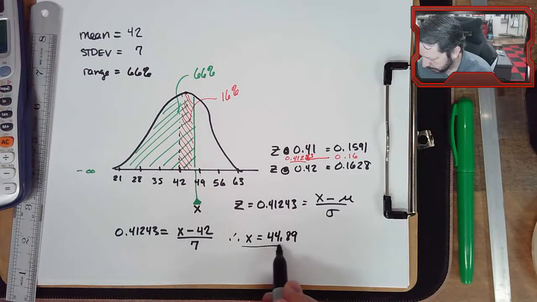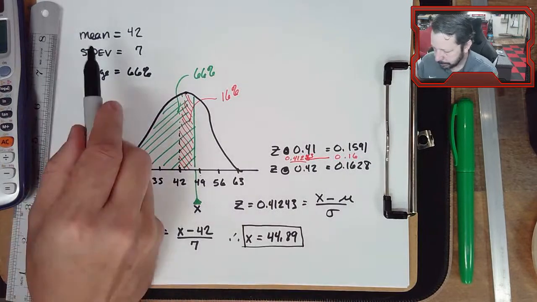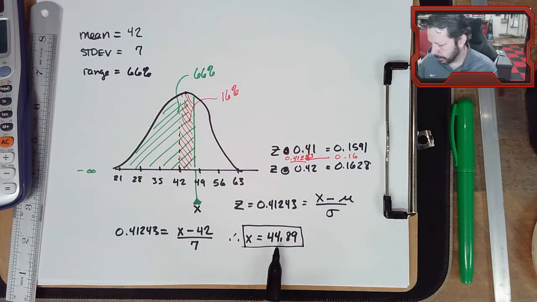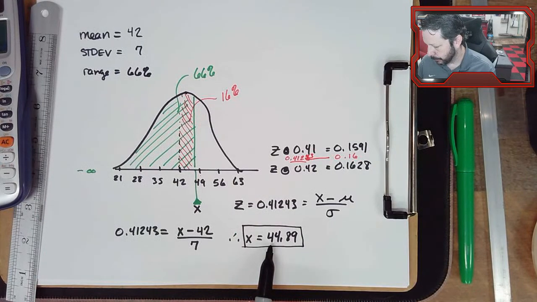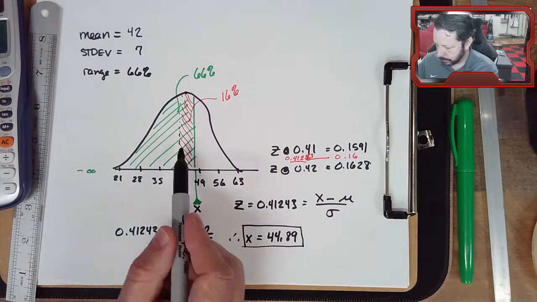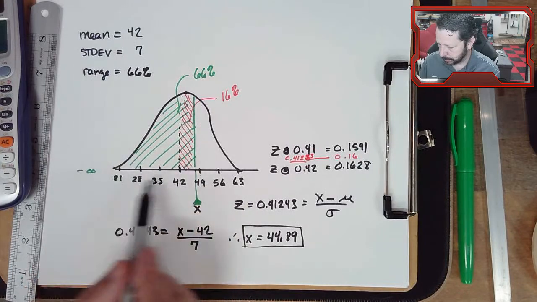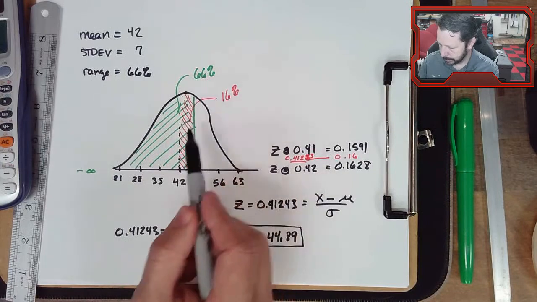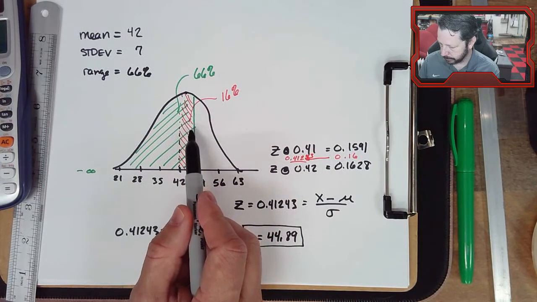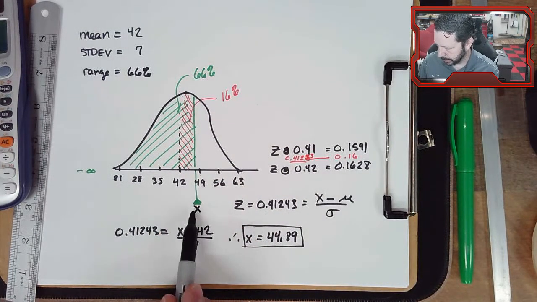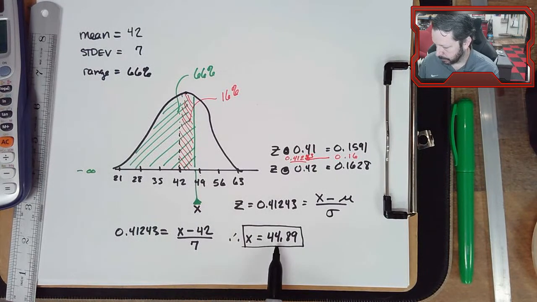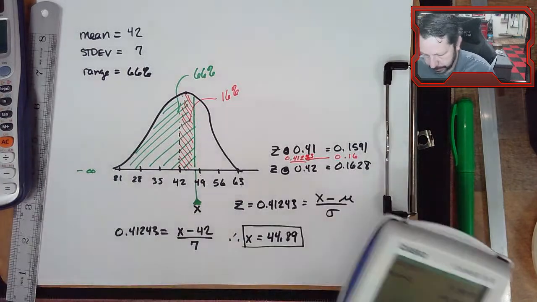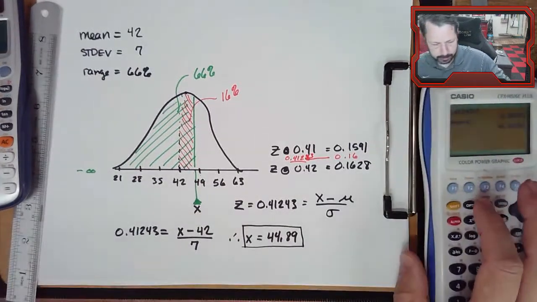So it would say that with a mean of 42, standard deviation of 7, anything less than or equal to 44.89 represents 66% of the data. So 50 plus 16 to get to 66%, and that corresponds to an x value down here of 44.89. All right, now let's see if we can do this same thing in Python.